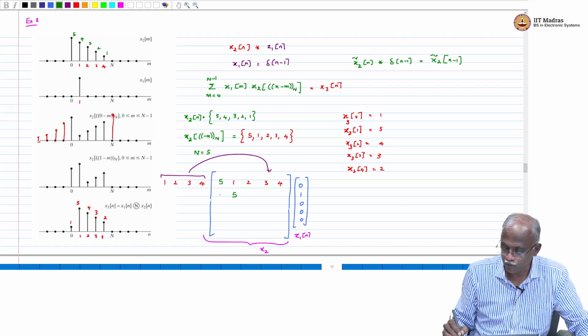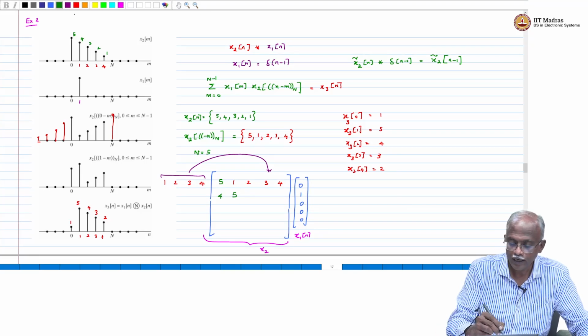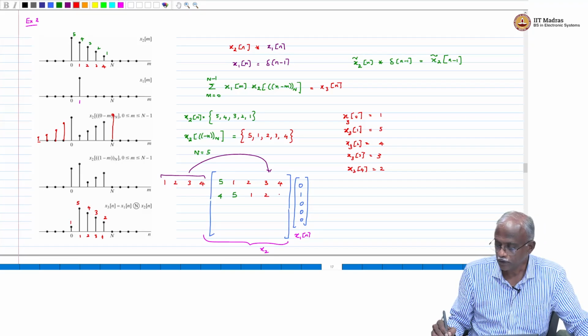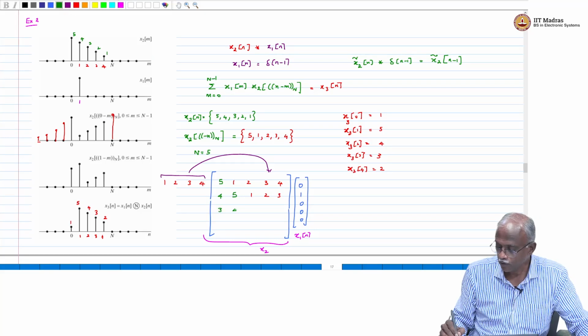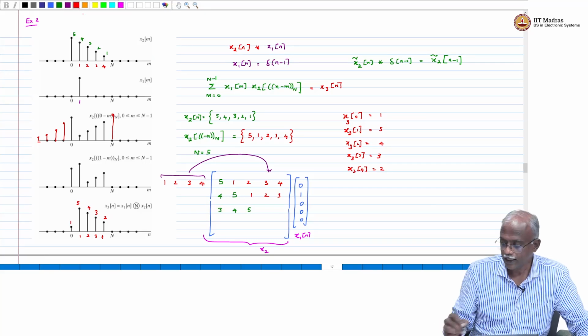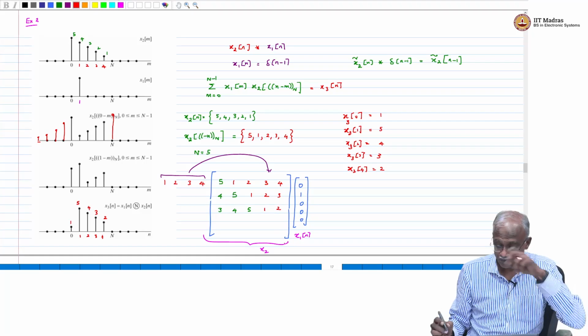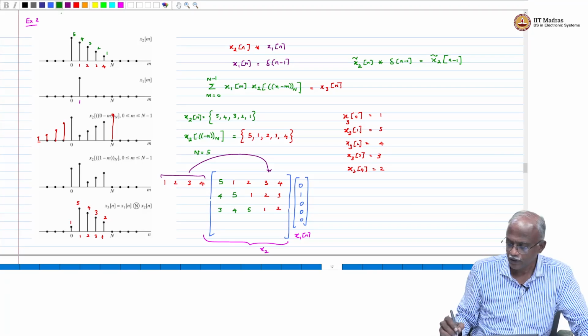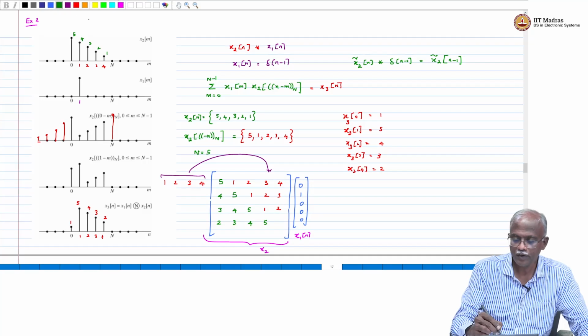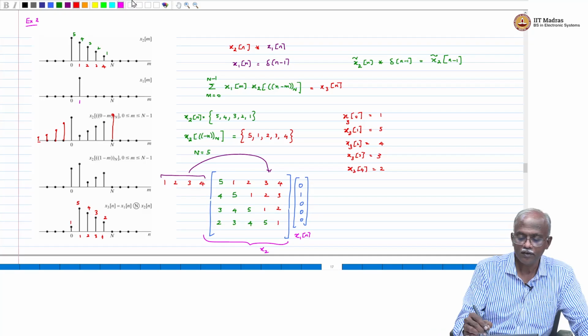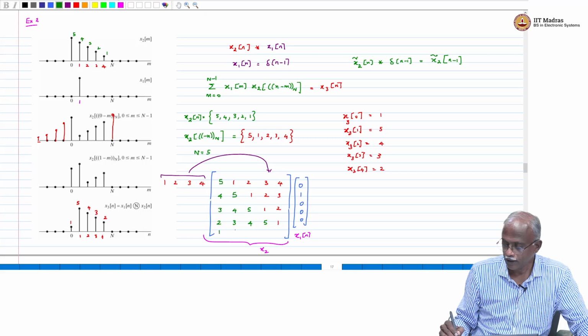This will become 4, and then you have 1, 2, 3. Then you have 3, 4, 5 and 1 and 2. Then 2, 3, 4, 5 and 1, and finally 1, 2, 3, 4, 5.